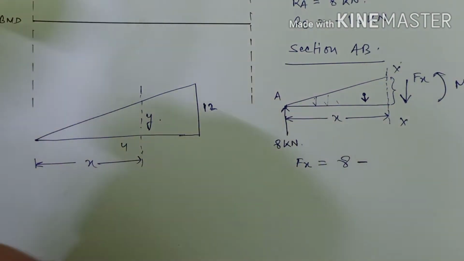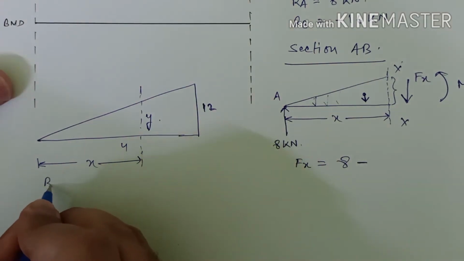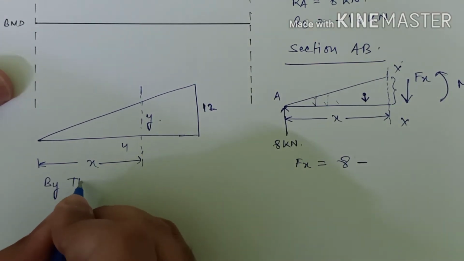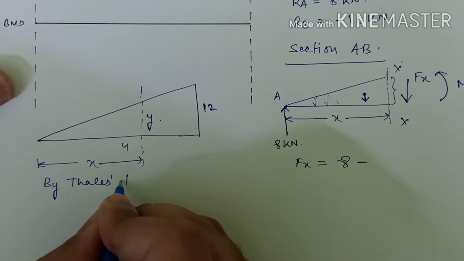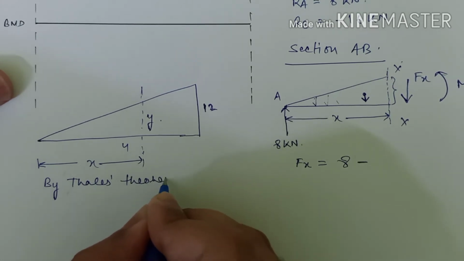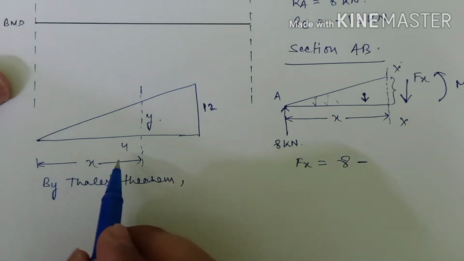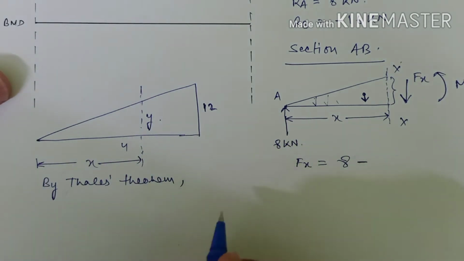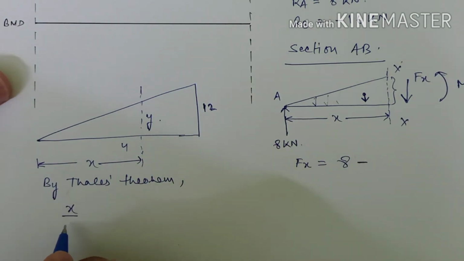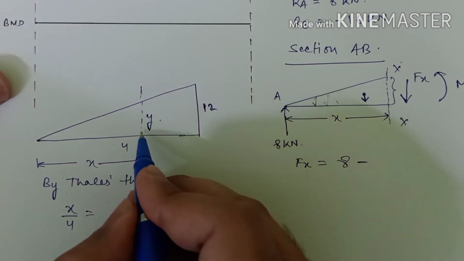So by Thales theorem, what can we write? X upon this very length, that is 4, so X upon 4 equals Y upon 12.